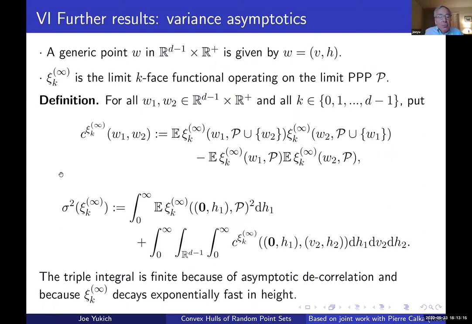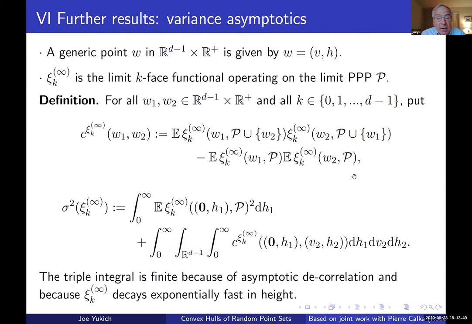The first question one may ask is, does this triple integral even exist? The answer is yes, it exists. It's finite because of asymptotic decorrelations, namely this covariance decays to 0 exponentially fast with the distance between W1 and W2. Therefore, if you integrate the covariance over the spatial coordinate, you get something finite.